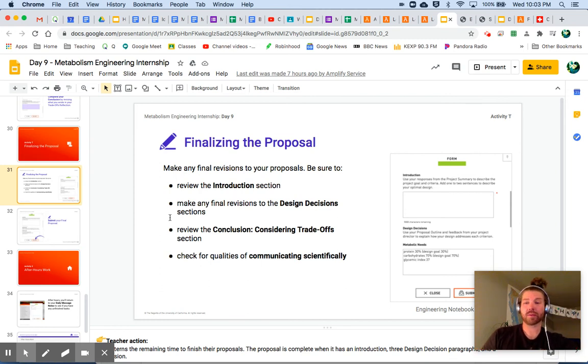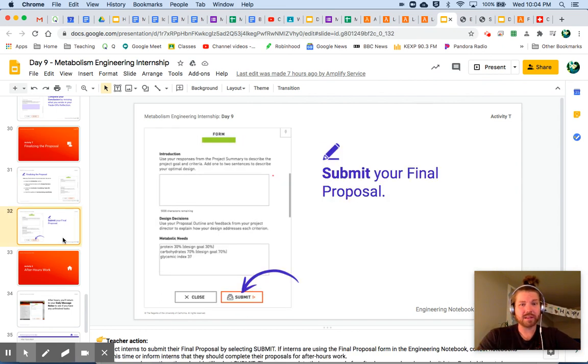Would they say, wow, I really want to put my money into this company, this company looks like they know what they're doing? Or is it weak and unconvincing, with spelling mistakes and improper grammar? Make sure you spell check this. Give it one final go through and make sure it's polished, make sure it looks good, and then you can hit the submit button and send it off.